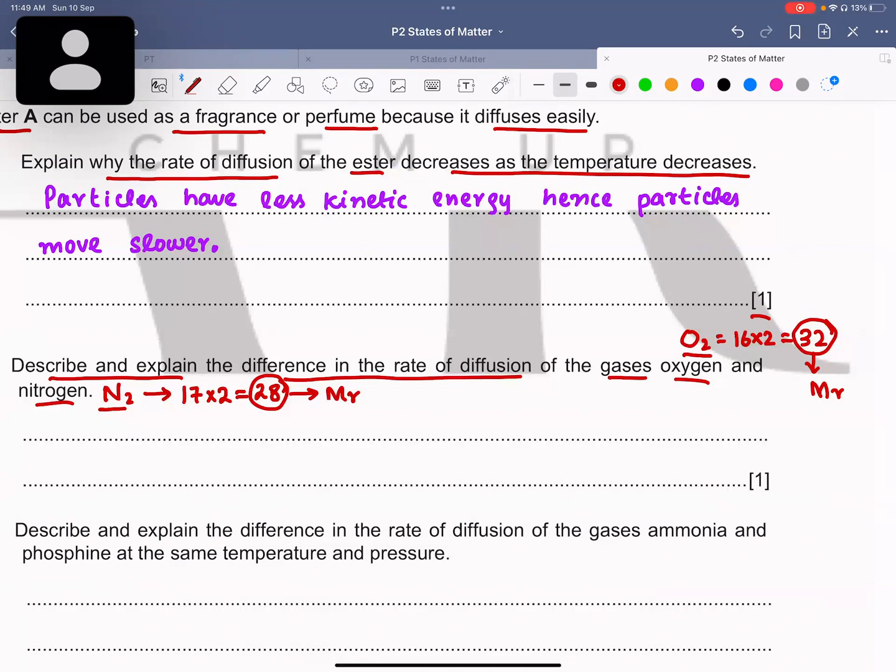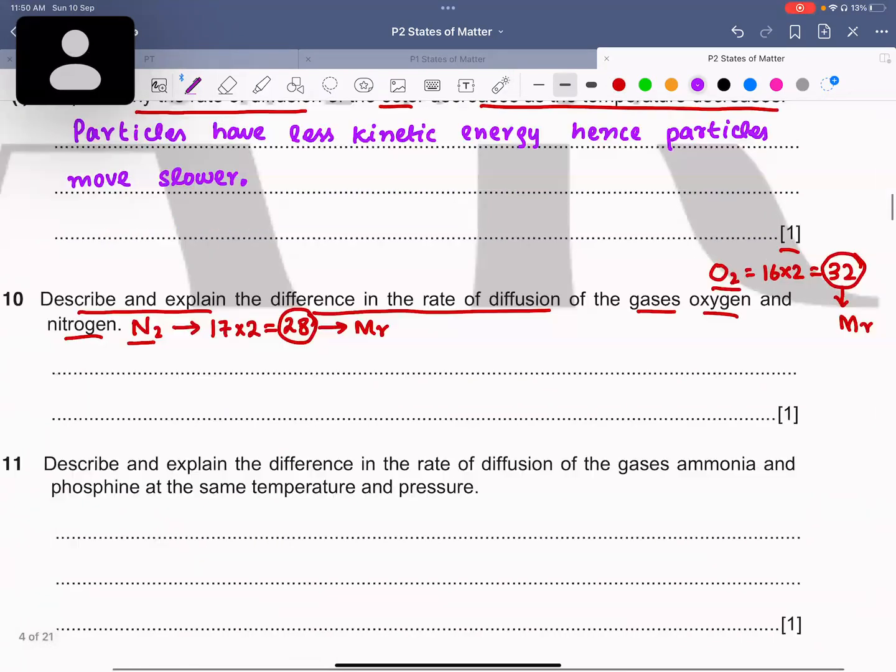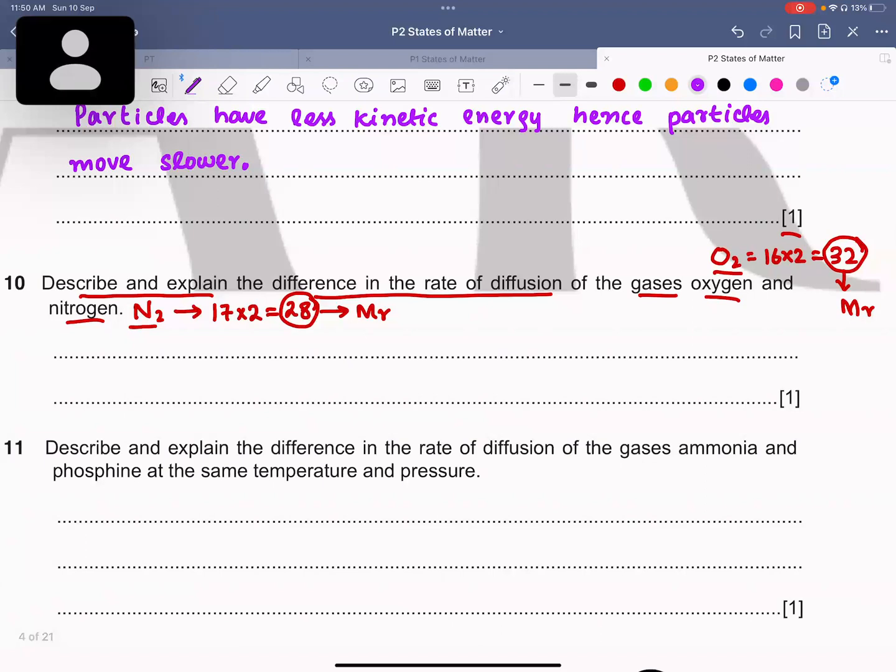Slower. Does a heavy person move faster or does a slim person move faster? A slim person. So in the same way, when the gas is heavy, it is going to move slower. After figuring out these Mr values, now we are going to write that.